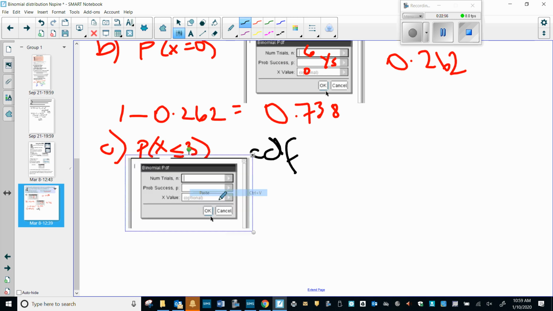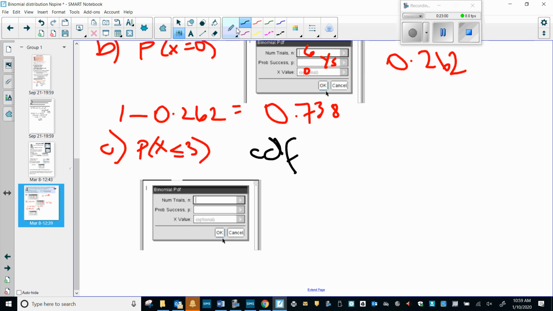Our number of trials is still 6, it's still 1/5, and this is now 3. It says lower bound and upper bound, so it's a completely different screen.